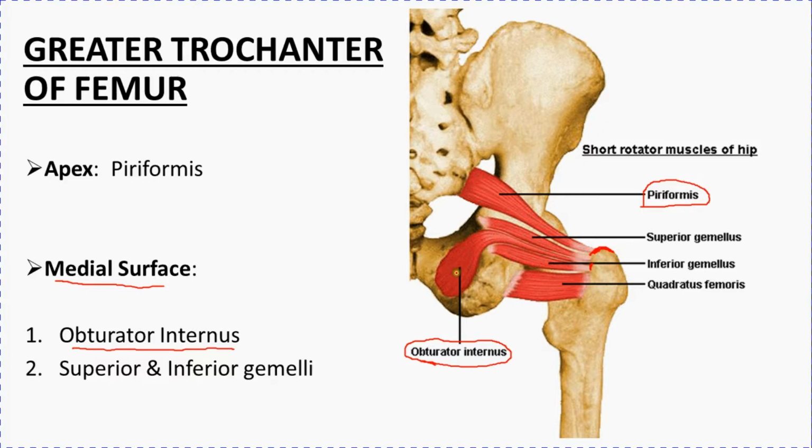Along with the obturator internus, there are two gemelli muscles, superior and inferior gemelli muscles. So this is superior gemellus muscle and this is inferior gemellus muscle. The medial surface is giving attachment to three muscles, obturator internus, superior and inferior gemellus. The apex is giving attachment to piriformis muscle.